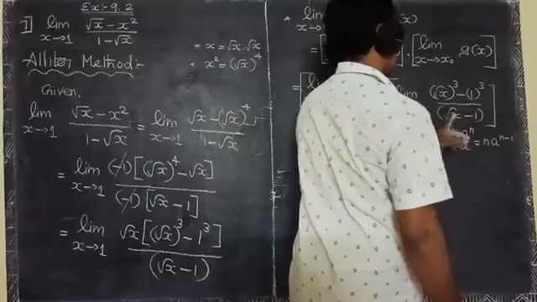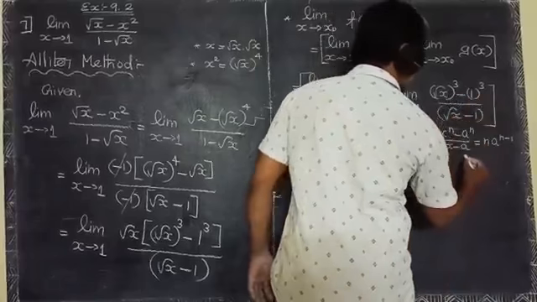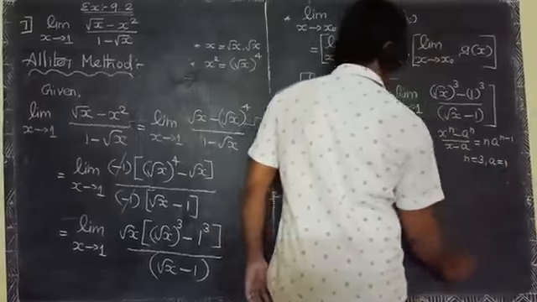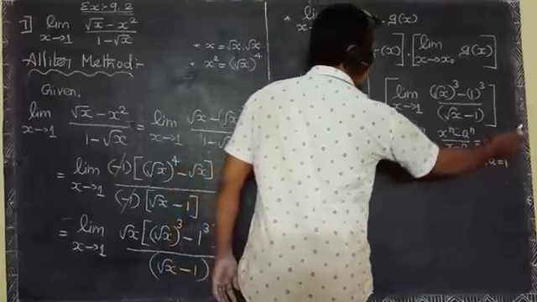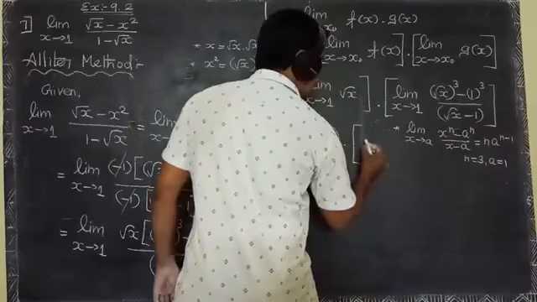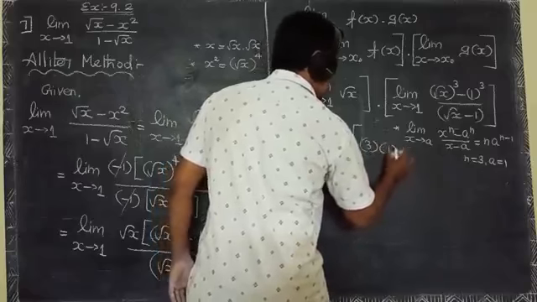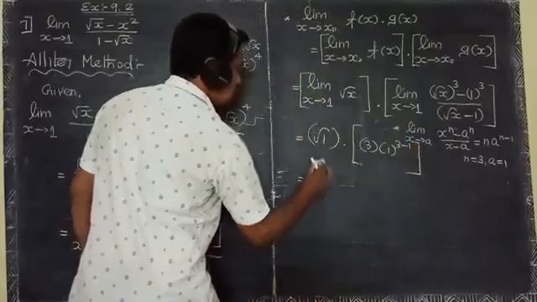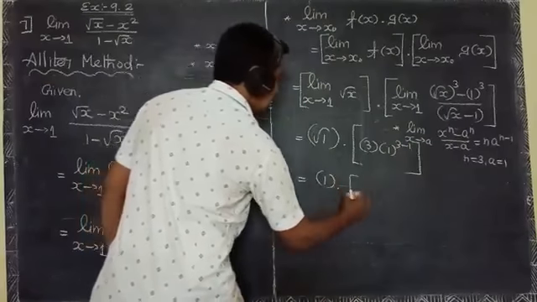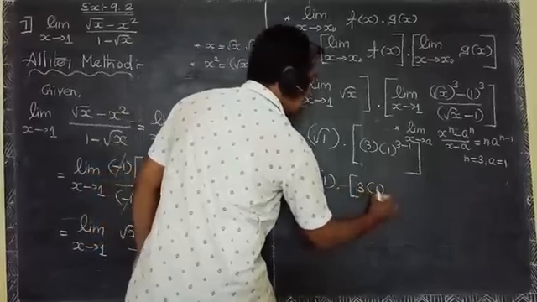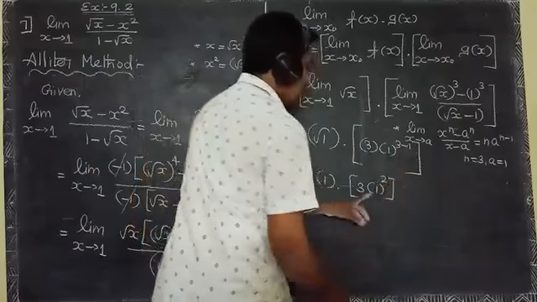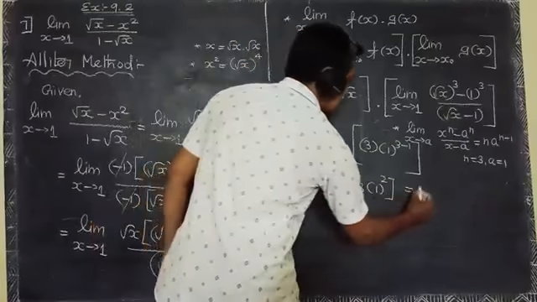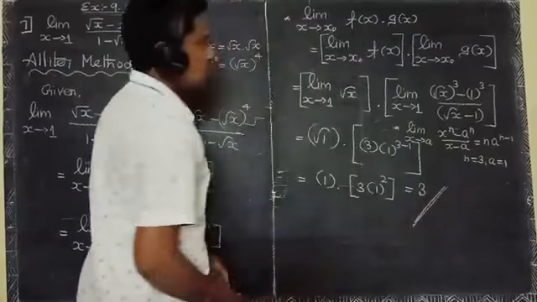Similarly using this property here, n equal to 3 and a equal to 1, n into a power n minus 1. Here root 1 is 1, into 3 into 1 power 3 minus 1 is 2. 1 squared is 1, 1 into 3 is 3, 3 into 1 is 3.